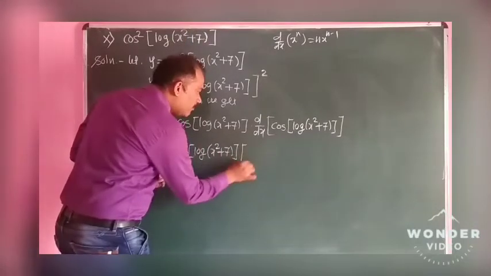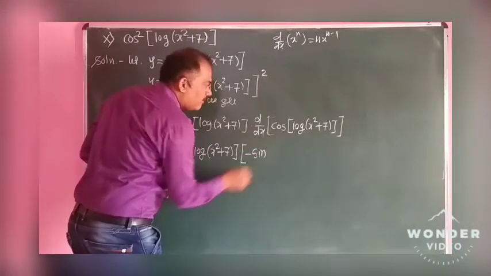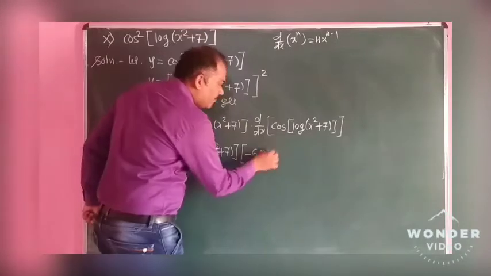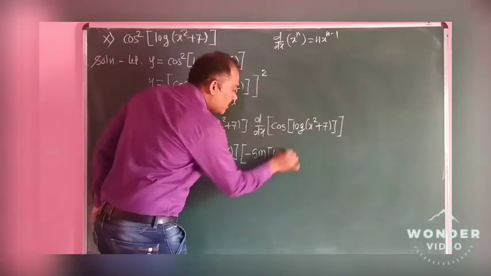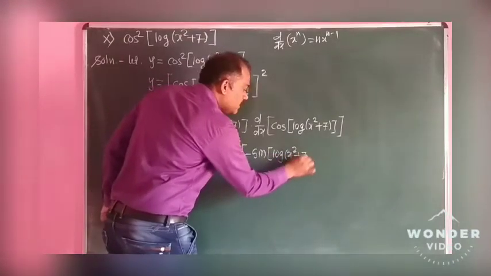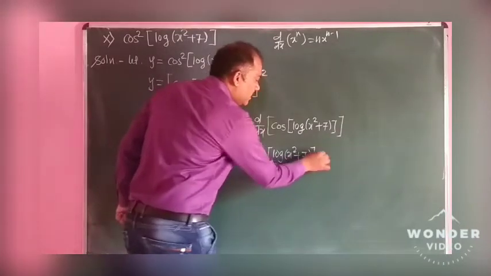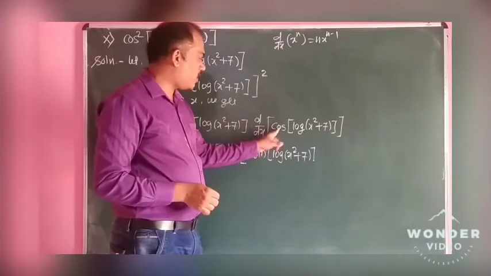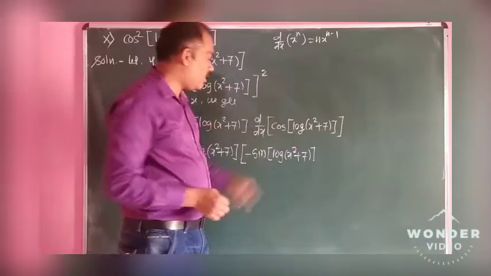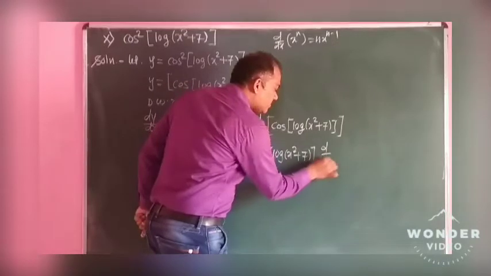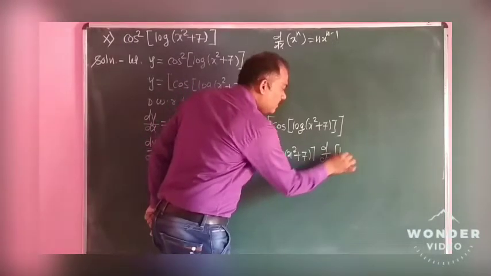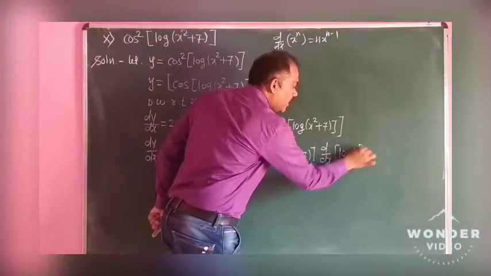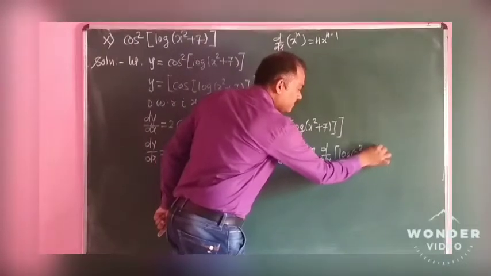So that minus sine of, what is the angle? Log of x square plus 7 into. After taking the derivative of cos, now we have to take the derivative of this log, that is into d dx of log of x square plus 7.